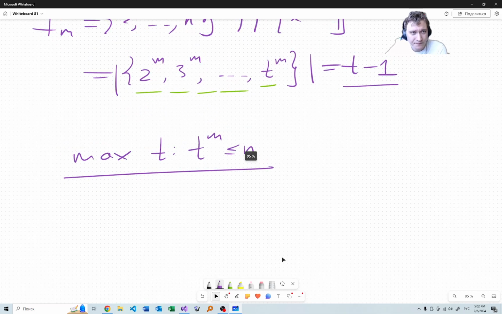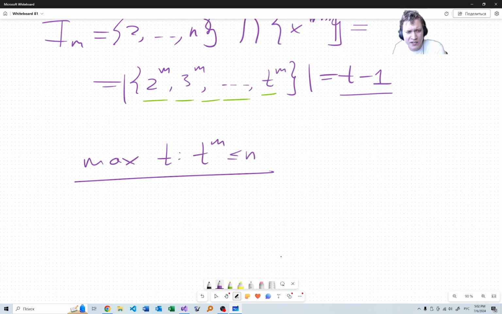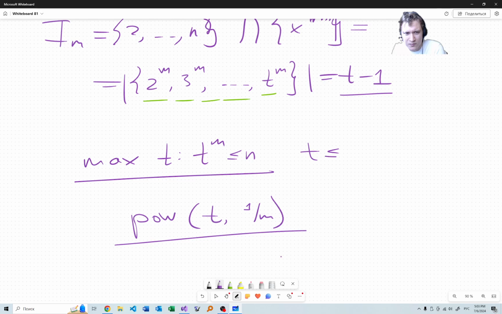How to do it? The easiest way would be to take n to the power 1 over m, and that's it, because t should be at most the mth root of n, and here we just calculate it. In the end, we need to take its floor.